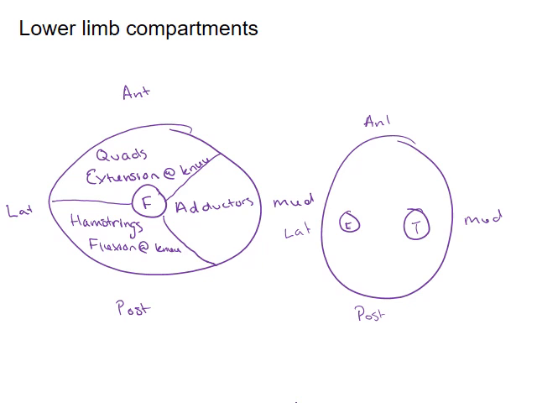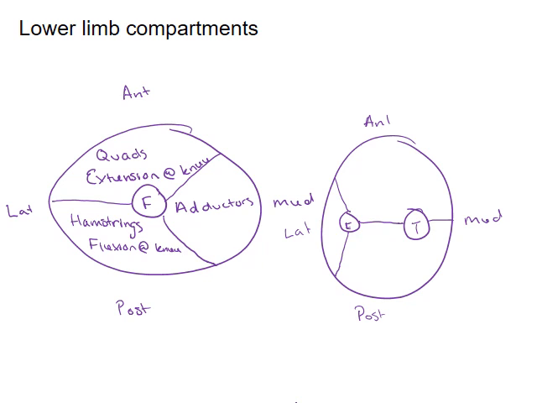And here we're going to have a lateral compartment and then an anterior and posterior compartment. So it's weird because the thigh has a medial compartment, but the leg has a lateral compartment. So they're kind of weird.